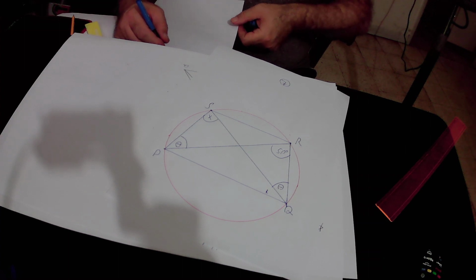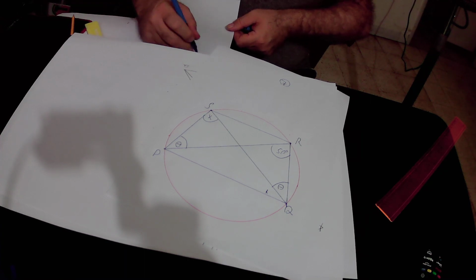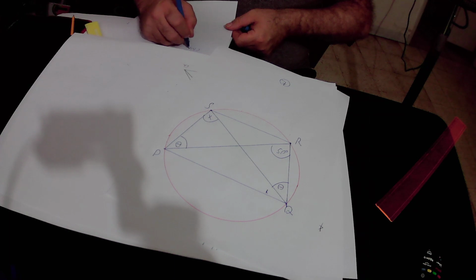I write it down: peripheral angles that subtend on the same chord are equal to each other.